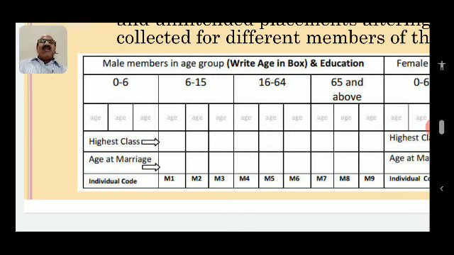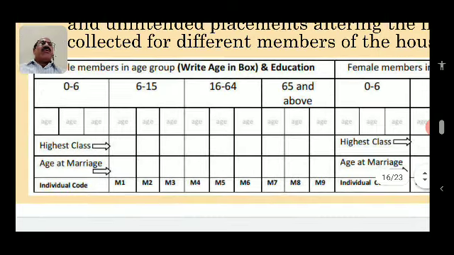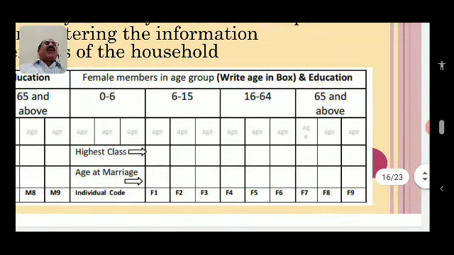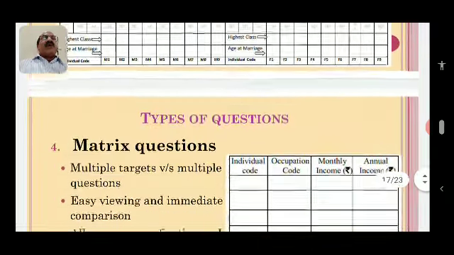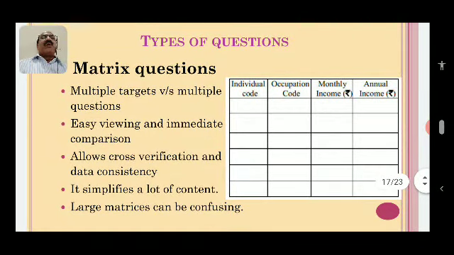So once we make those numbers, we know that's the number of years in education, which corresponds to some degree. Age at marriage, likewise we have for the female section. Everything is segregated, but compact to understand the data and utilize the data.